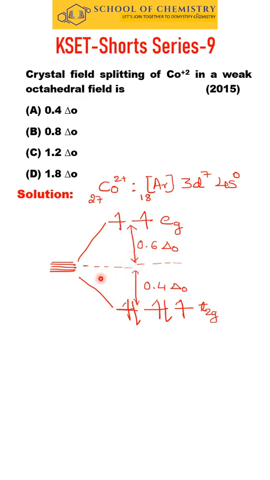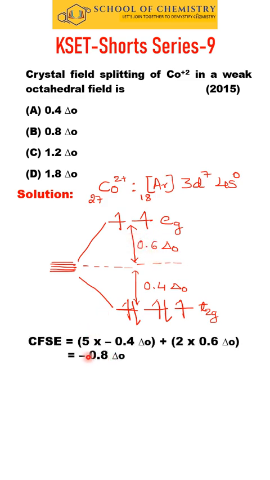We are comparing the energy difference between the two. From this point we know that each electron occupying the t2g level loses energy by 0.4 delta O. Each electron going to the eg level gains energy by 0.6 delta O. So considering these facts, we can go for the calculation.